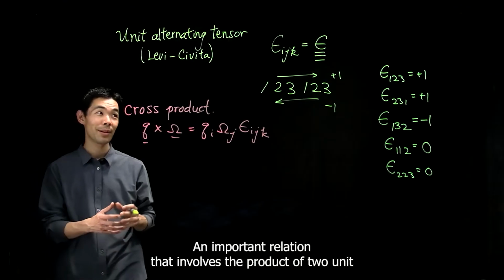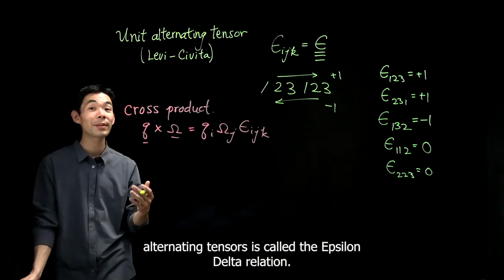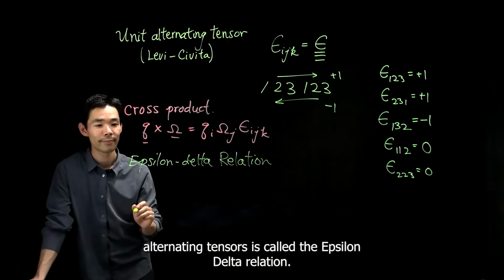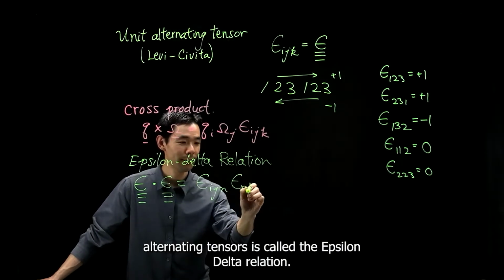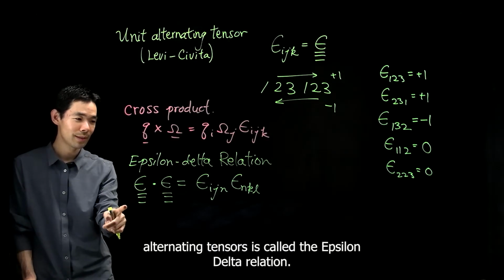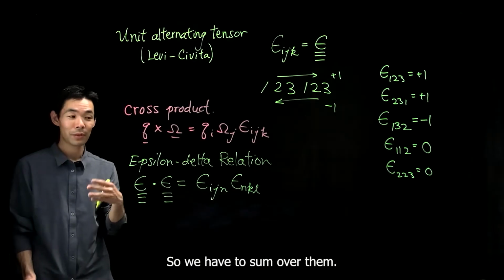An important relation that involves the dot product of two unit alternating tensors is called the epsilon-delta relation. Okay, so the dot product between two unit alternating tensors. I have one repeated index n, so you have to sum over it.